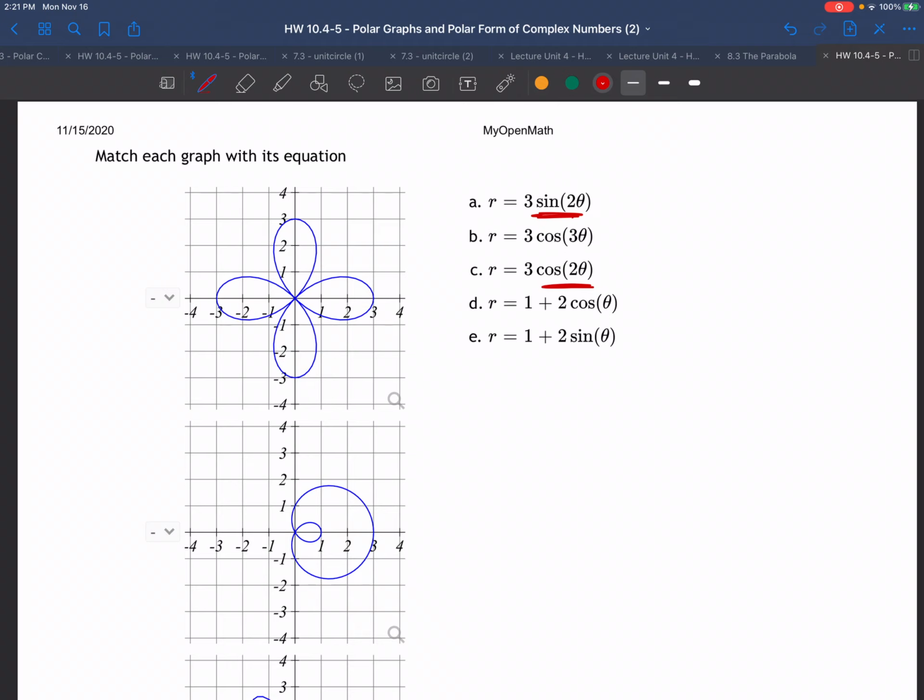So how do we know which one of these it is? How are we going to tell one from the other? Well, basically, you see how this petal is centered on the x-axis? What that means when a petal is centered on the x-axis is that it's cosine.